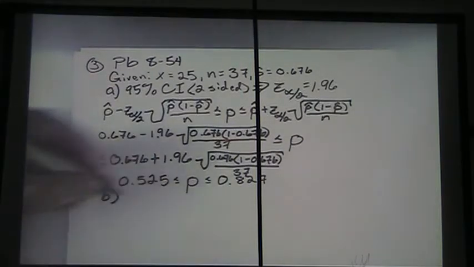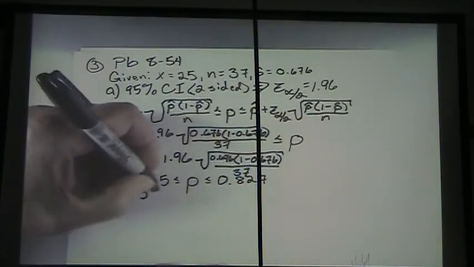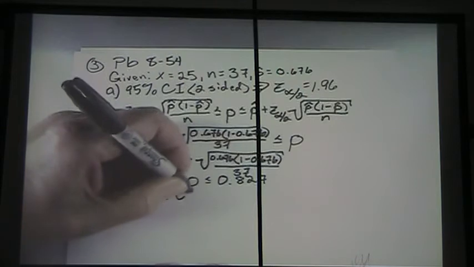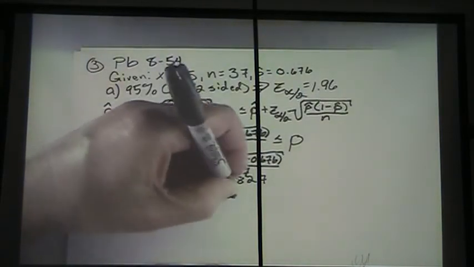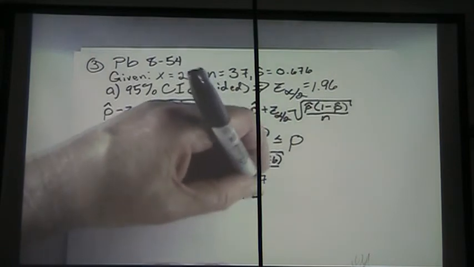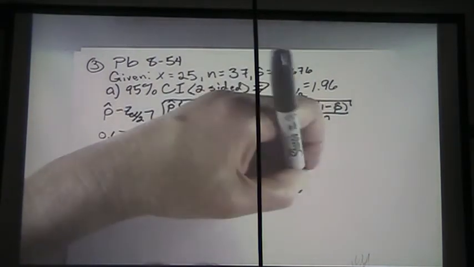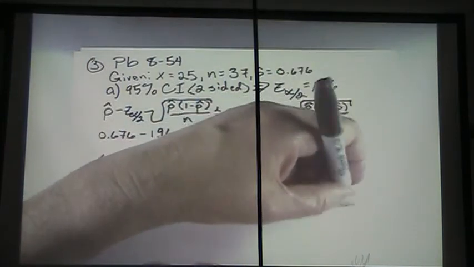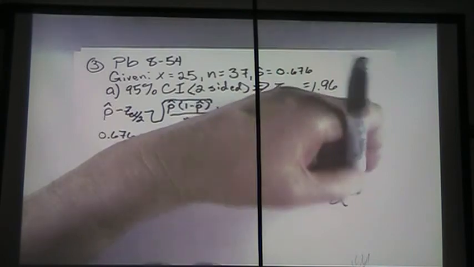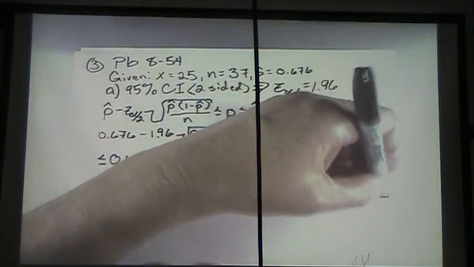All right, so 95% confidence interval, but lower bound implies Z alpha equal to 1.645.